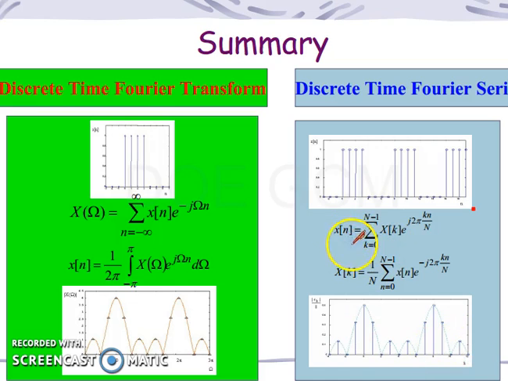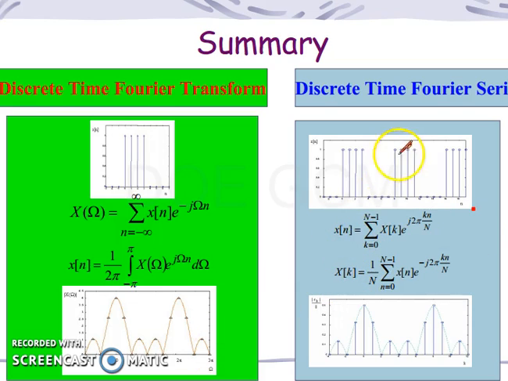For that we use an equation where x of n, the discrete time domain signal, is a sequence equal to the sum of k from 0 to n minus 1 of X of k, which is the frequency component, times e raised to j2 pi k n by N.